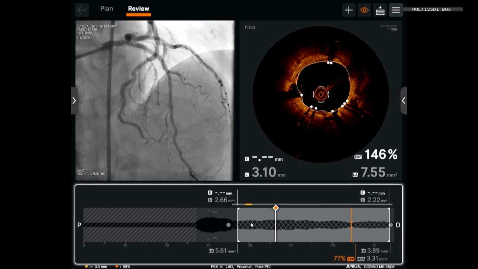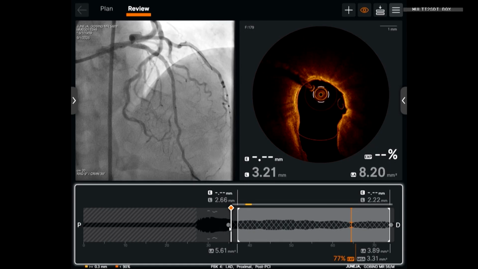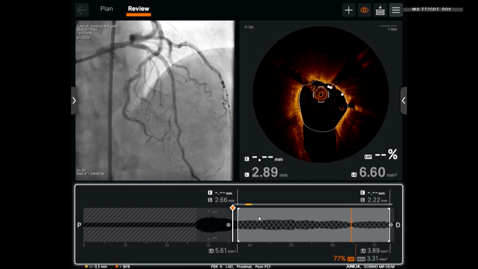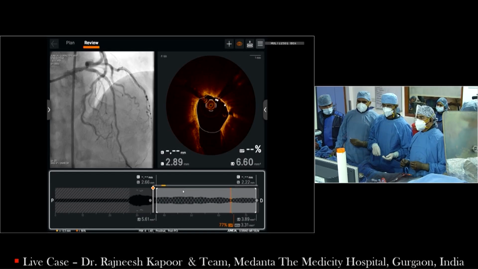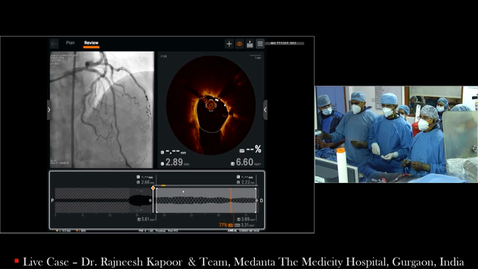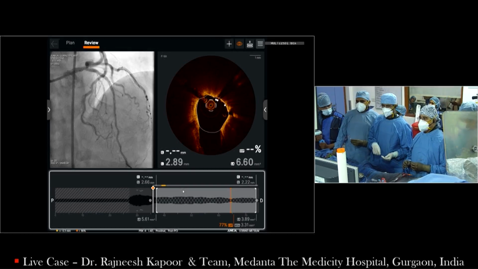Was there any calcium in the ostial OM1? No, there was no calcium. And it's a softer vessel. First we dilated with a 2.5 NC balloon, and then took again a 2.5 DEB, drug-eluting balloon. Protege was the drug-eluting balloon, which has paclitaxel.